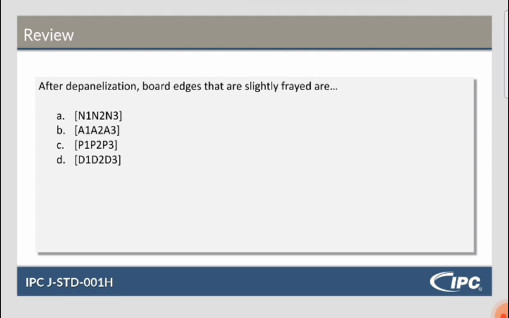This is a good example of one where you can use a process of elimination. There is nothing that's going to be a process indicator for all three. Slightly frayed, I don't know. We have to look it up. Either way, it would be acceptable for all three or a defect for all three. So you'd want to look that up. Go to section 9.4, and you will see that as a defect because it shouldn't be frayed at all. Slightly frayed, horribly frayed, it doesn't matter. It shall not be frayed at all.